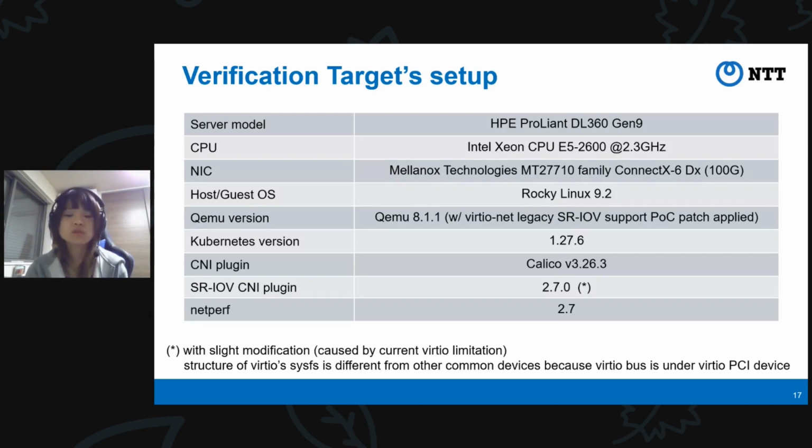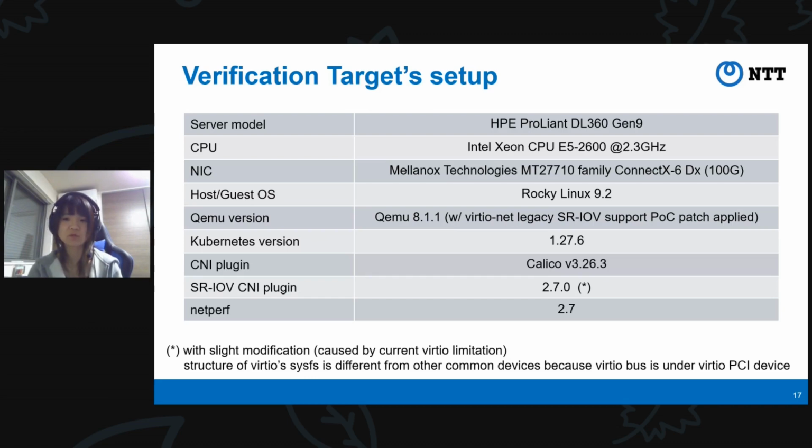Server model was HPE ProLiant DL360 Gen 9, with an Intel Xeon CPU, and the NIC was ConnectX-6 Dx 100 gigabit NIC.